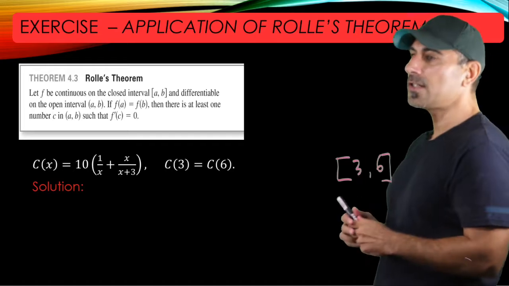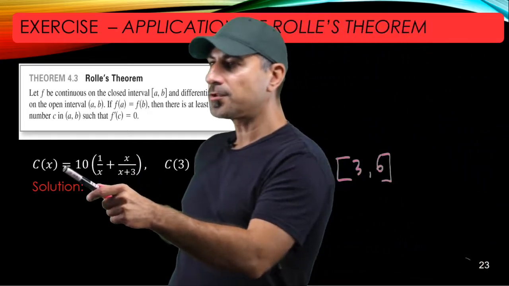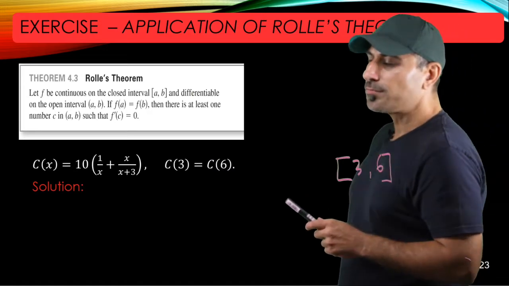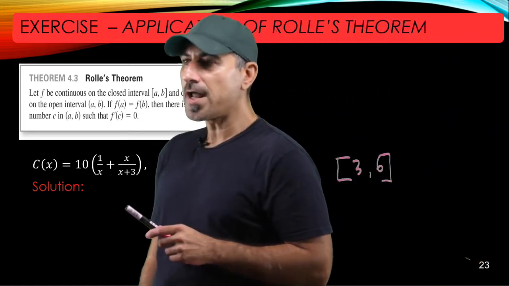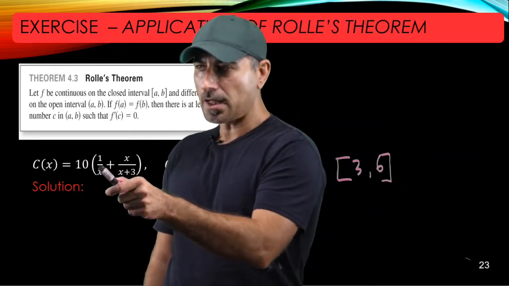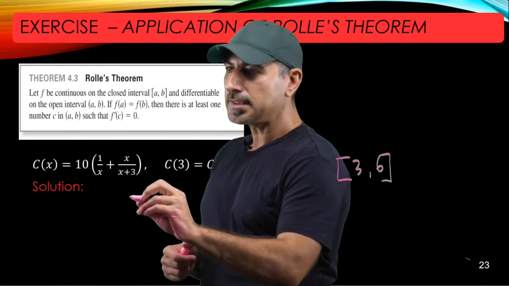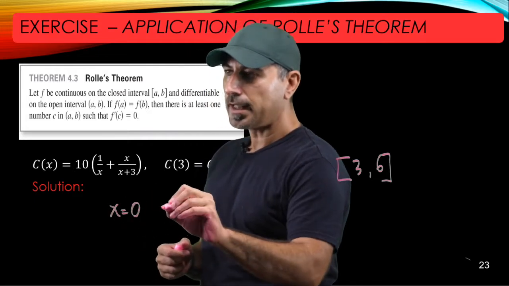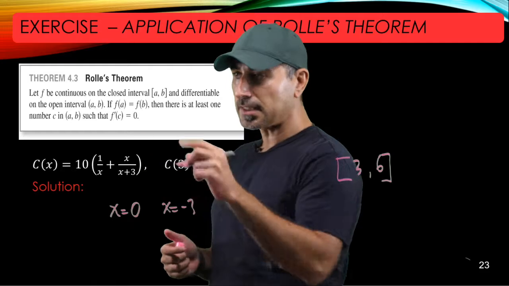Well, our function is the sum of two rational functions or quotients. Remember that rational functions are not defined for x's that make the bottom 0. While x equals 0 makes the first quotient undefined, and x equals -3 makes the second quotient undefined.